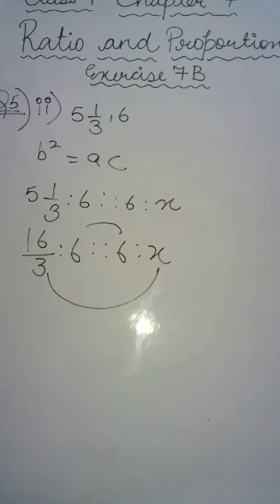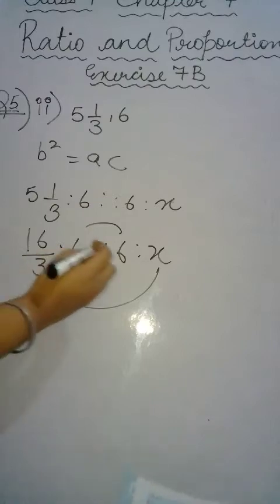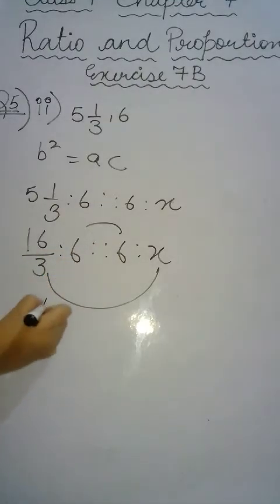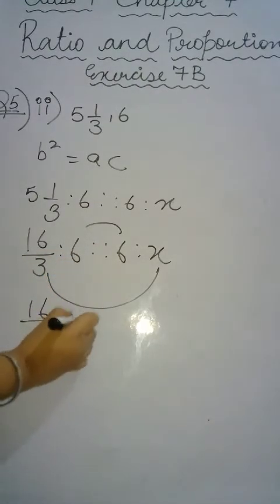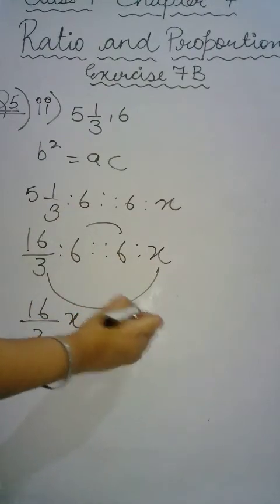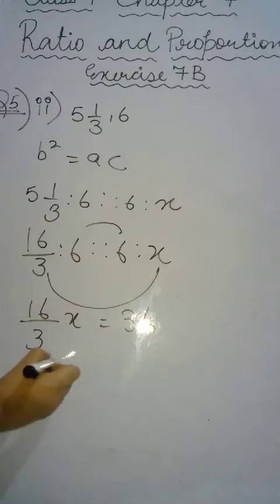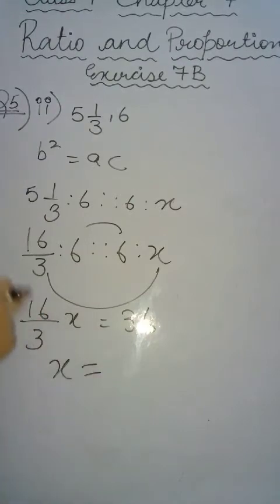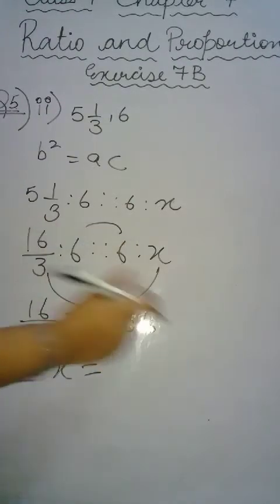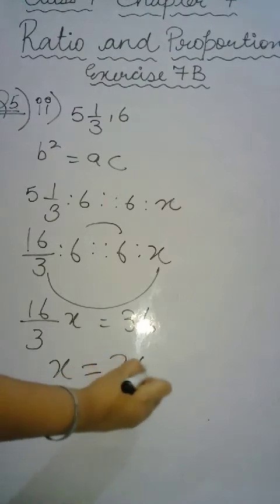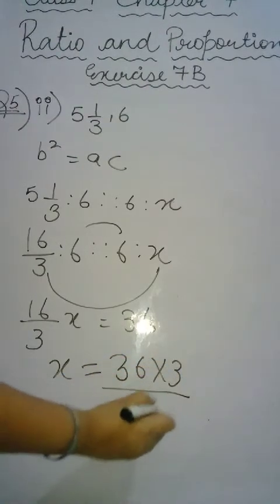Again same procedure, you need to multiply, and it will give you 16 by 3 times x, and this side you will get 6 sixes are 36. Now x will remain over here. This will become the reciprocal because you are going to change the side. So 36 multiplied by 3 upon 16.